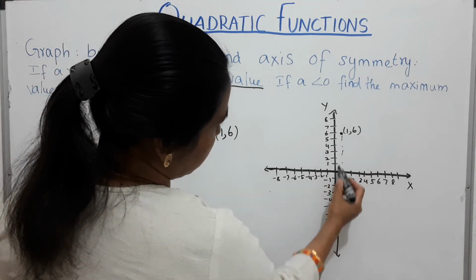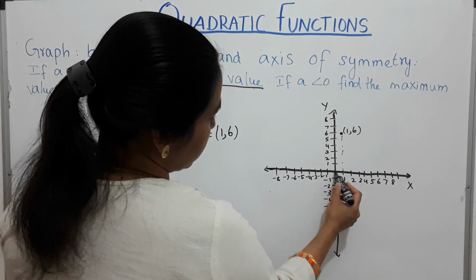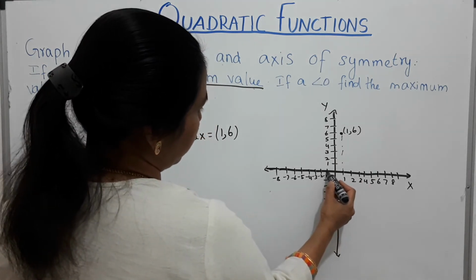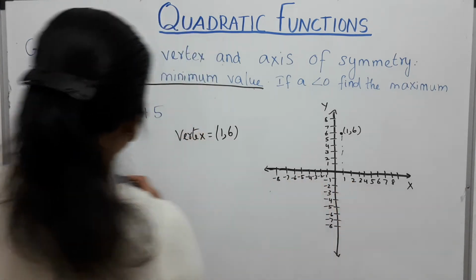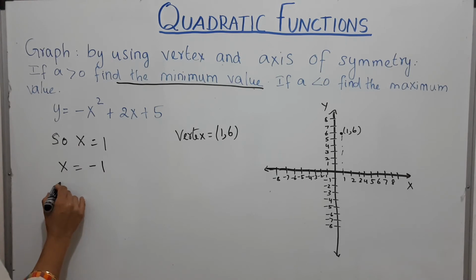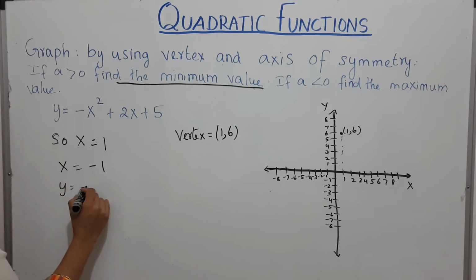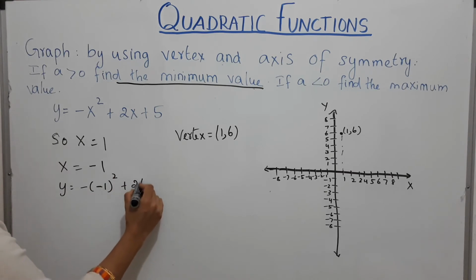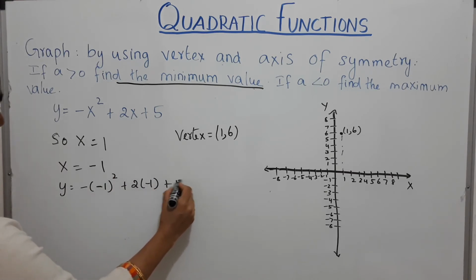So let us consider, this is actually 1. Let us consider 0 or negative 1. So x is equal to negative 1. So substitute for that. So y is equal to minus of minus 1 the whole square plus 2 times minus 1 plus 5.